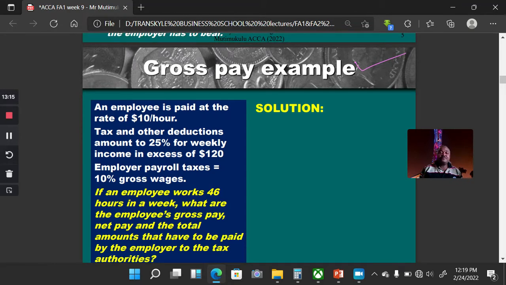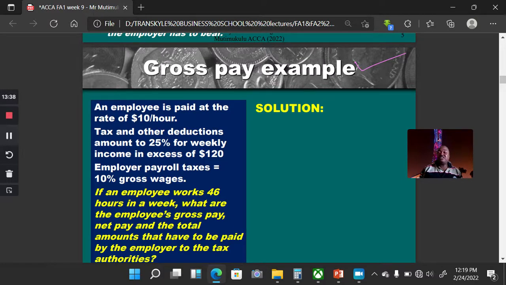An employee is paid at the rate of $10 an hour. Tax and other deductions amount to 25% for weekly income in excess of $120. So whatever you earn above 120 is going to be taxed at 25%.